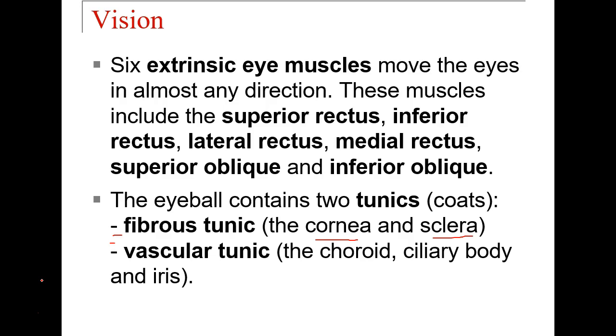The cornea is clear to allow light through. The sclera is the white portion of our eye. The vascular tunic consists of the choroid, ciliary body, and iris. We will look at each of these in a little bit.